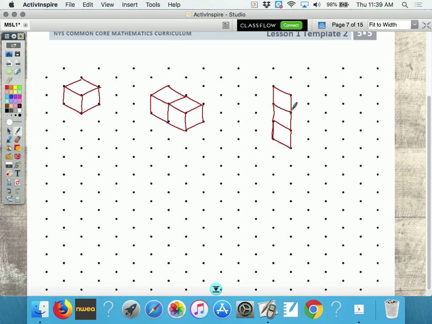Okay? Now watch, I'm going toward the back of the cubes next. You're getting this, aren't you? Yes. Okay. Then you connect the edge that shows the back side, sort of. You have to visualize it, don't you?